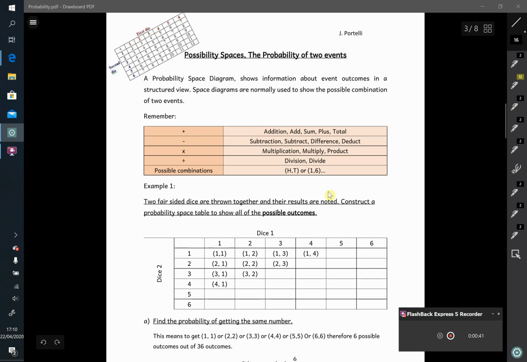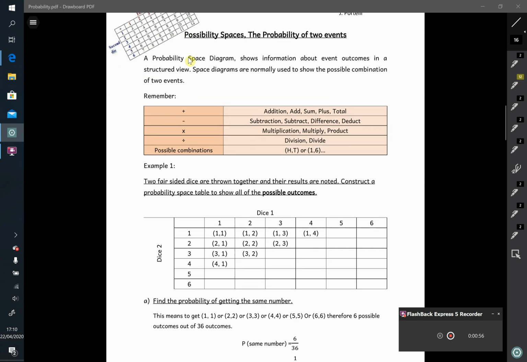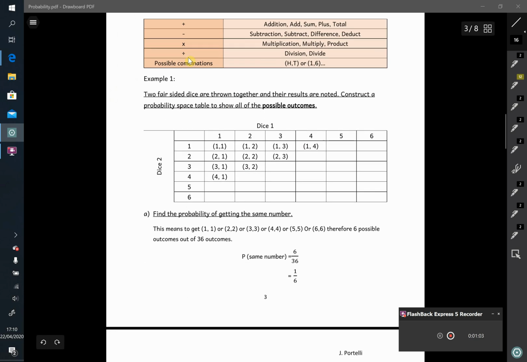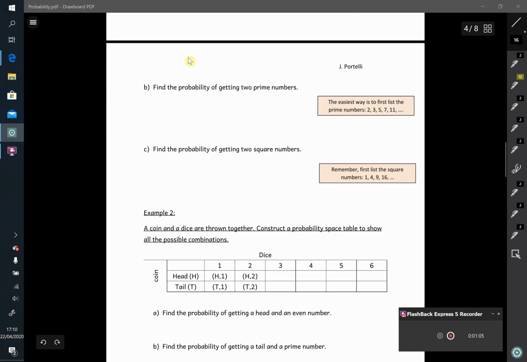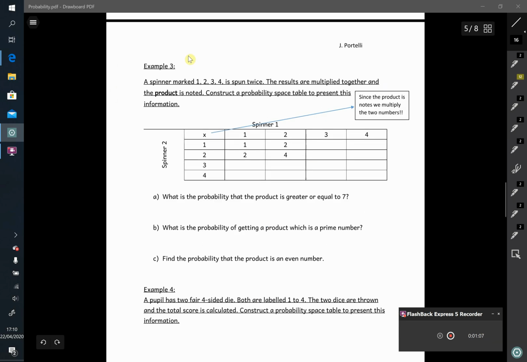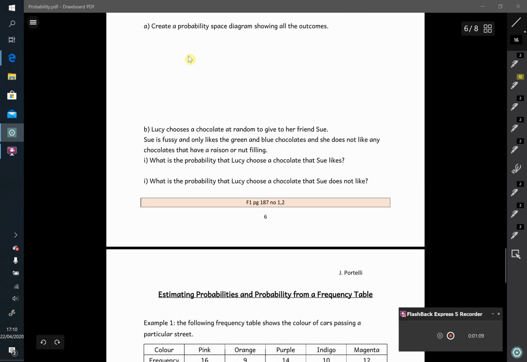And I feel confident about it because this is again another revision lesson of what you've already done in year 7 and year 8. Probability spaces, you did them in year 8. So it's literally a recap of what you've already done. We have pages 3, 4, 5, and 6 to go through.